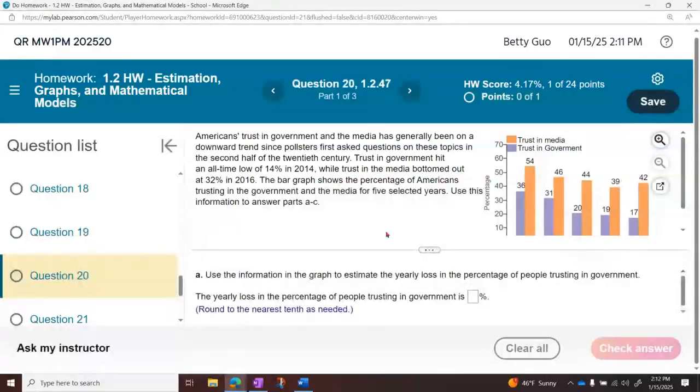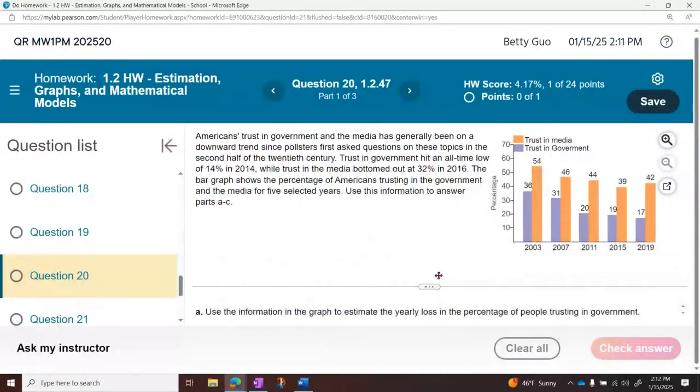We have two sets of bars. First set, the orange color, is trust in media percentage. In 2003, the percentage of the population who trust in media is 54%, over half. And over the years, the percentage goes down. 2007 is 46%, 2011 is 44%, by the year of 2019 is 42%.